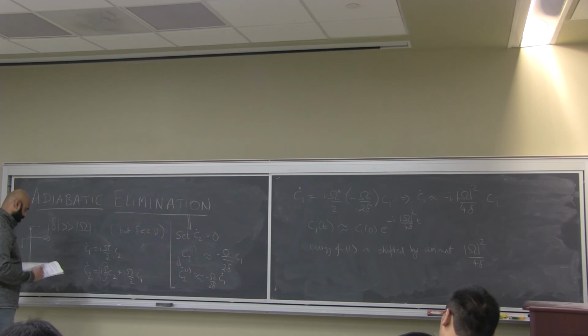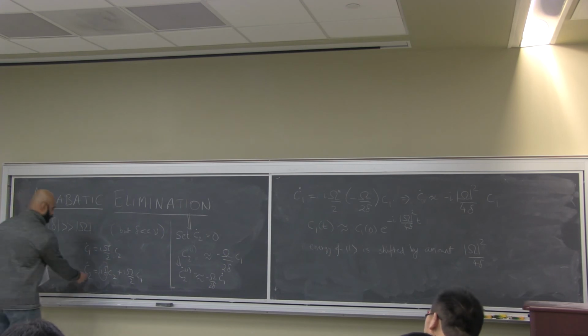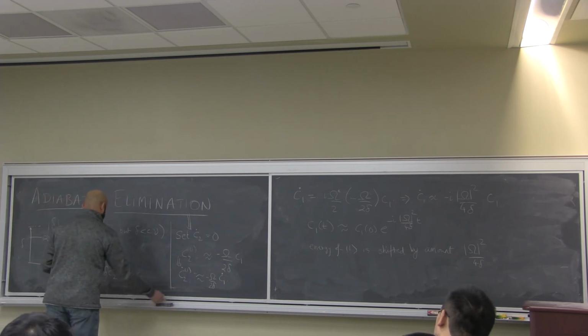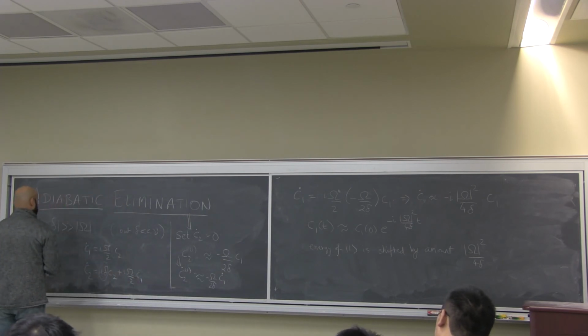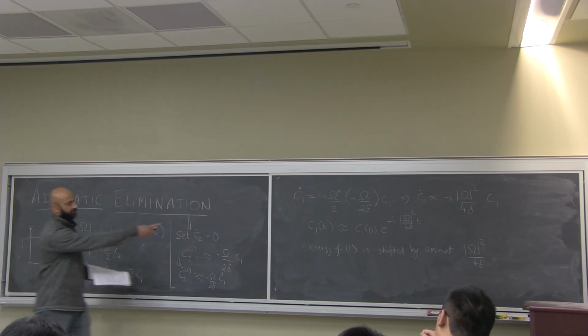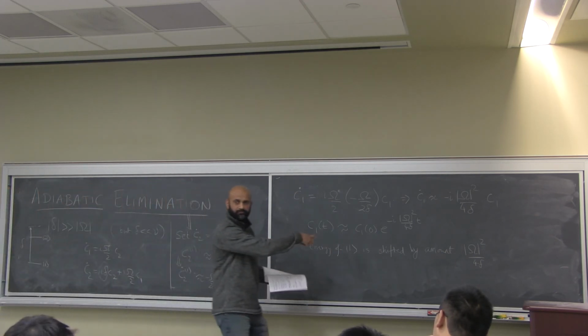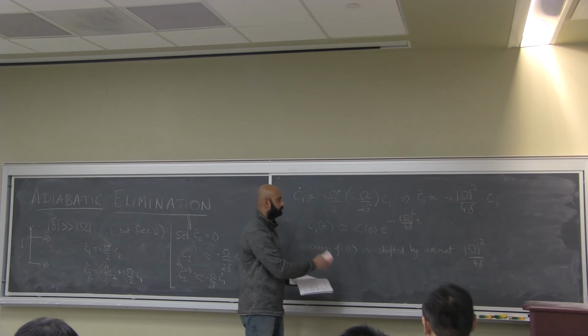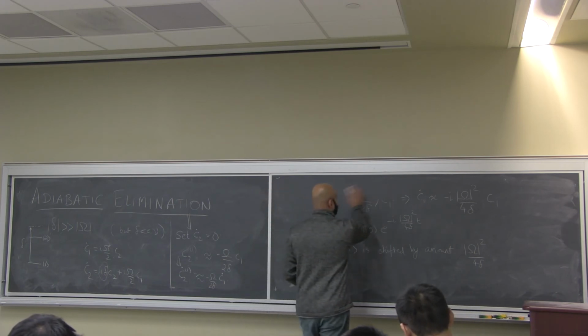And since C2 dot is equal to i delta C2 plus i omega C1, I can put that over here on the left hand side. Okay, I'm now going to higher order.